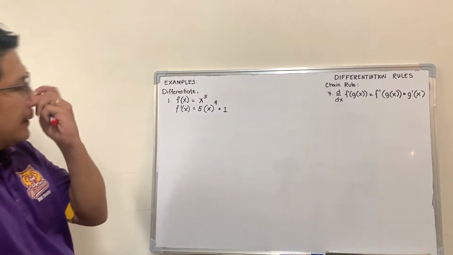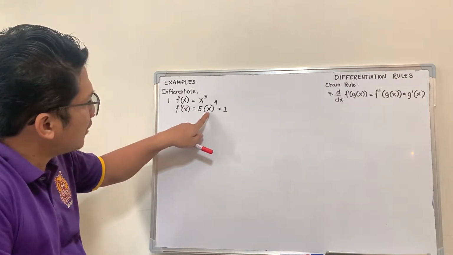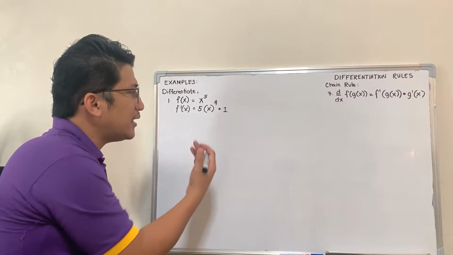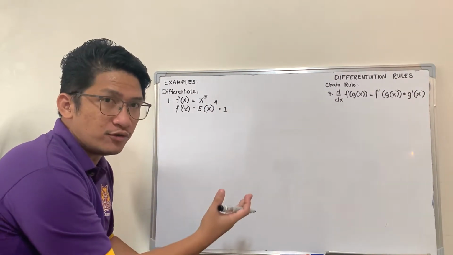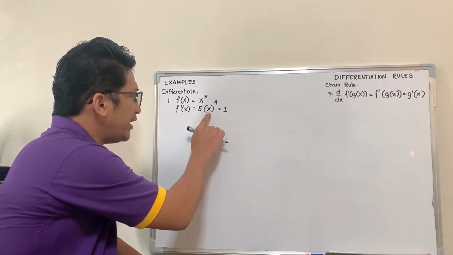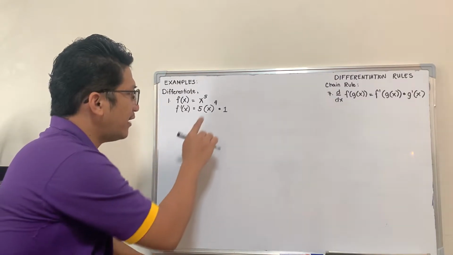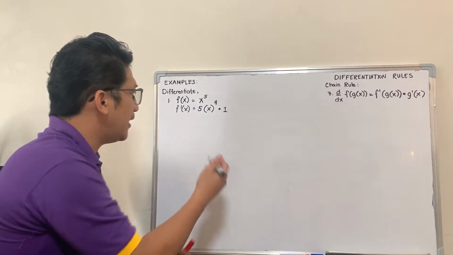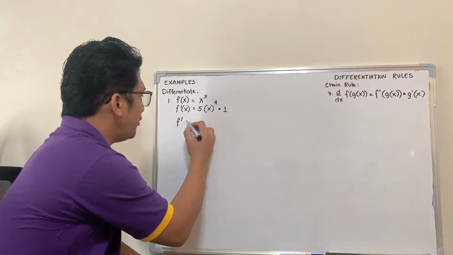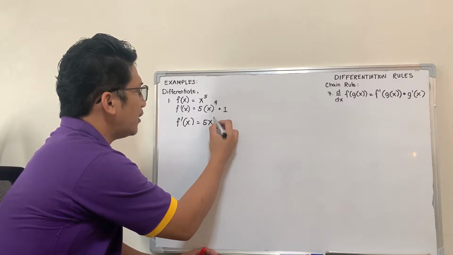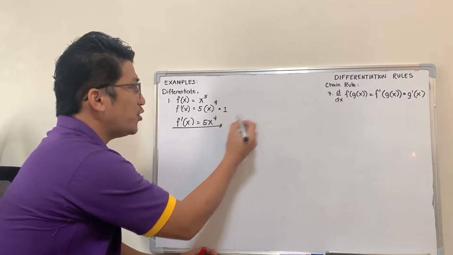It just happens that the base is x, so the derivative is just 1. That's why we don't see it when we talk about the power rule. In the power rule, the base is always x, and the derivative of the base is always equal to 1, so it did not matter. So you come up with f prime of x equal to 5x raised to 4. So how is it related to the chain rule?